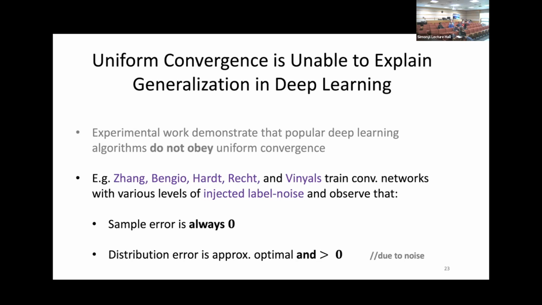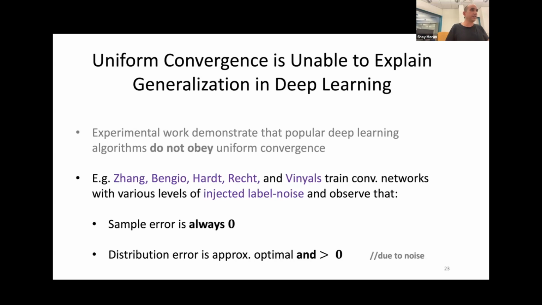When you say sample error was 0, for what hypothesis? No. So you train. You have n examples from this. They trained the network, and this is what the network did. It made no error on the sample, and it was optimal on the rest. Exactly.